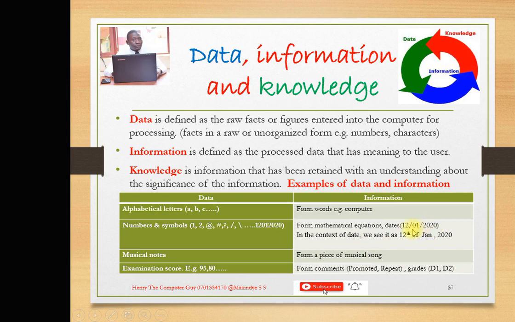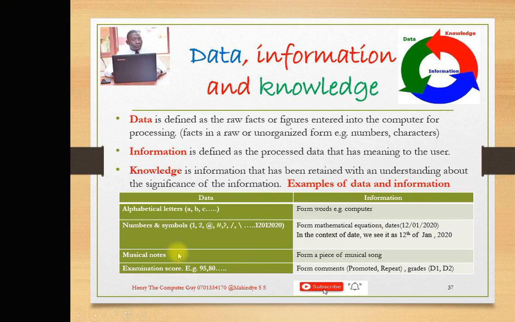It has been formed into what we call a date. In the context of data, here they are just numbers. Then in the context of information, or in the context of a date, we see it as 12th of January 2020. Are we getting it? So we can organize it to become a date, or we can organize it to become a mathematical formula.